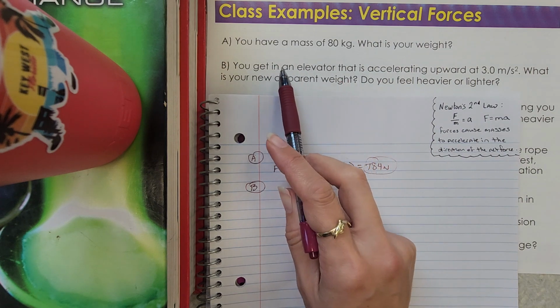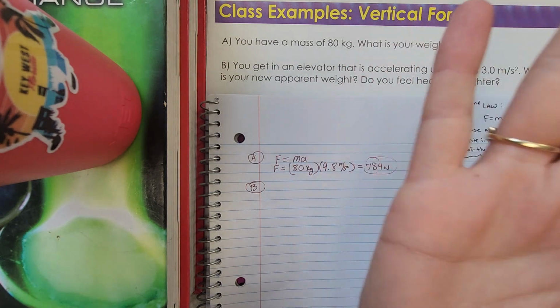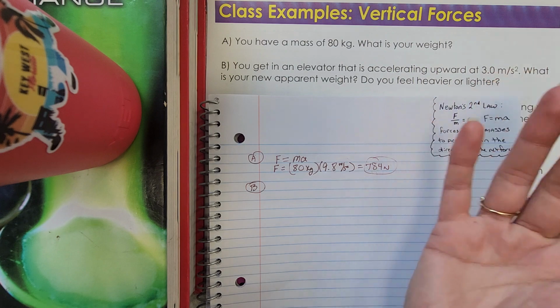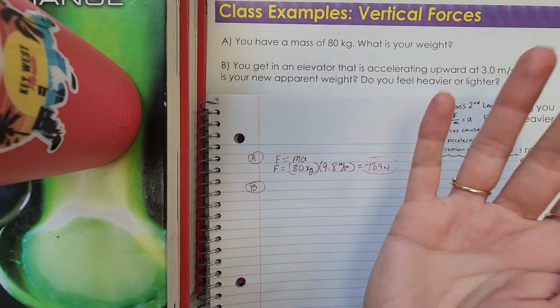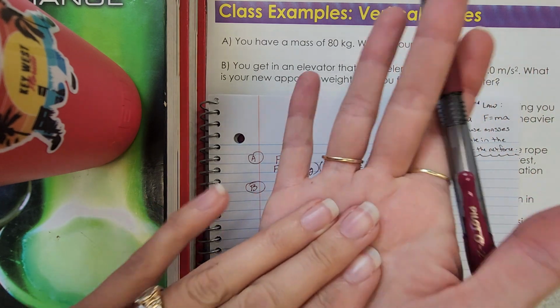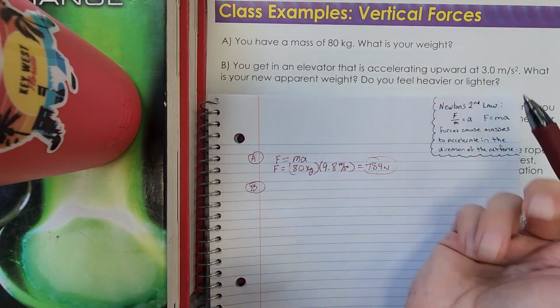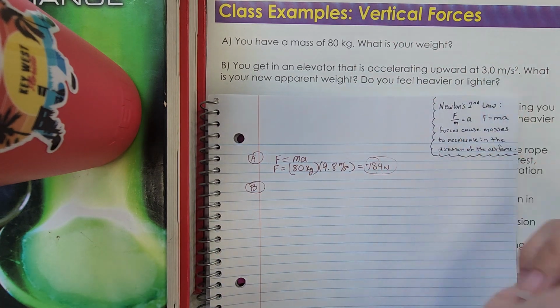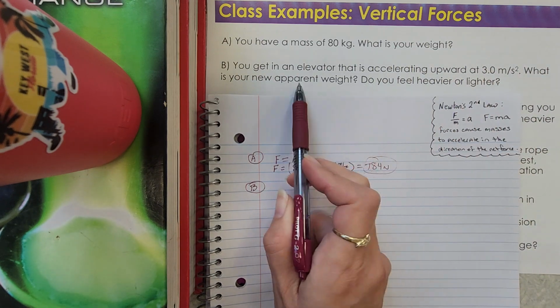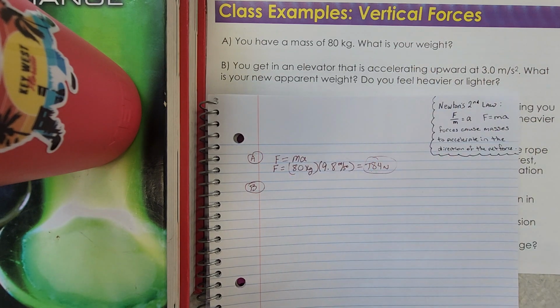So let's picture this. If you're in an elevator that's accelerating upward, then due to inertia, your body wants to stay put, and the floor of the elevator is going to push up on you more, so that's going to increase your weight. You're going to temporarily feel heavier. That means your apparent weight will be greater than your original weight.